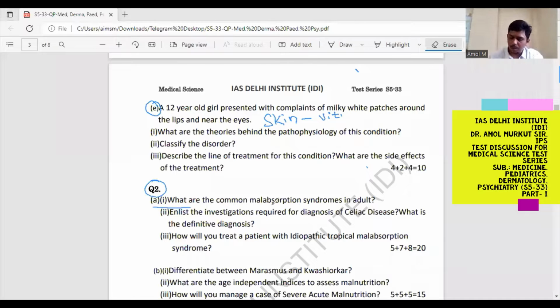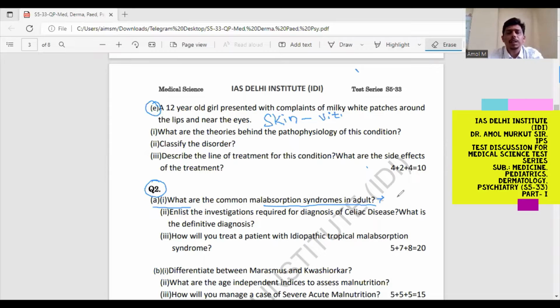What are the common malabsorption syndromes in adults? What are the common malabsorption syndromes? One is what we can call gluten allergy, which is called celiac sprue or gluten allergy. Second is tropical malabsorption syndrome. These are the common ones asked in our exams.